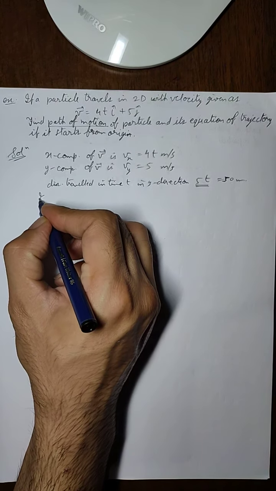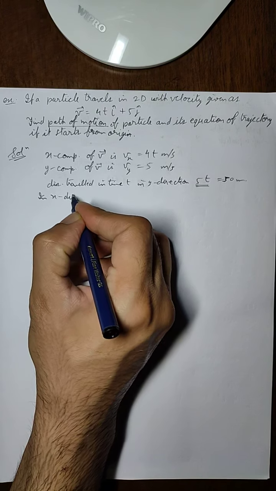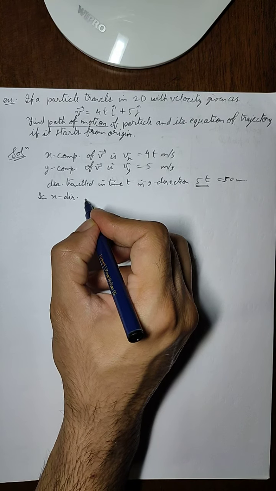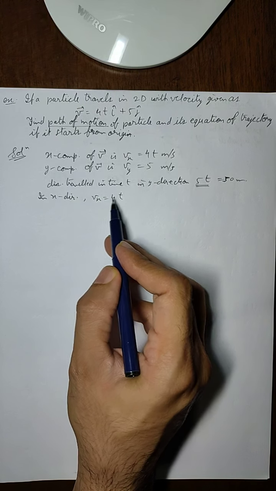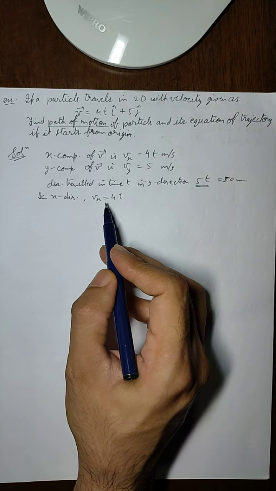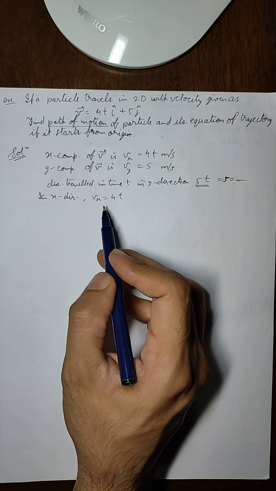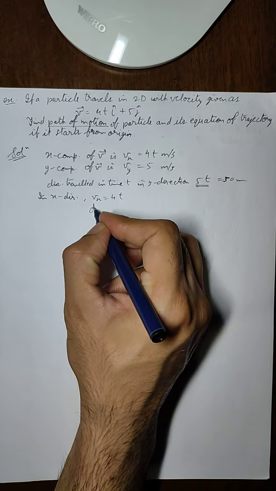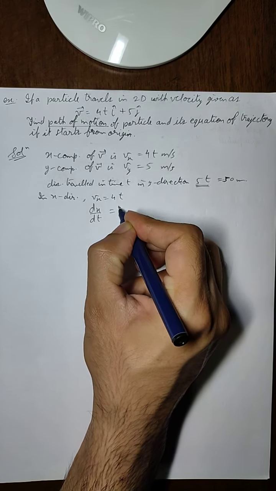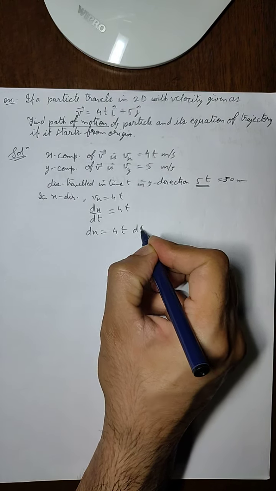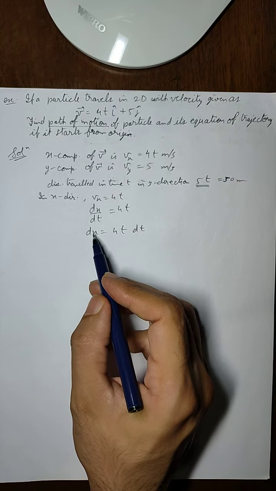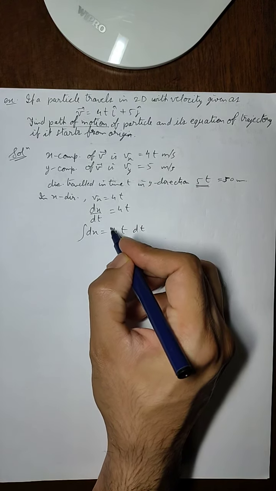In the x direction, however, vx is given as 4t. Now we have a velocity which is dependent upon time. We already know how to calculate the position from this. We know that vx can be written as dx by dt. This is 4t, or we can write dx as 4t dt, and to get the value of x we will integrate this function.